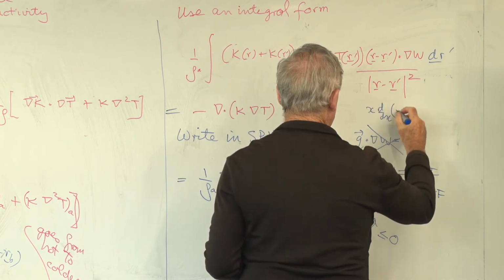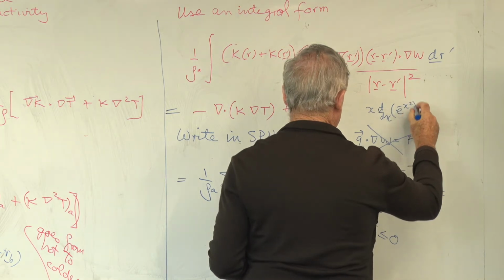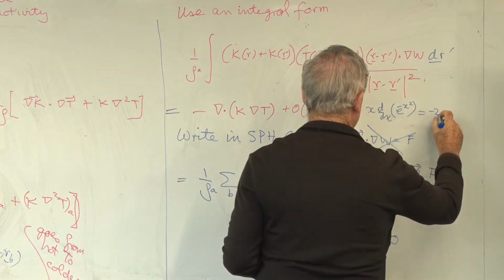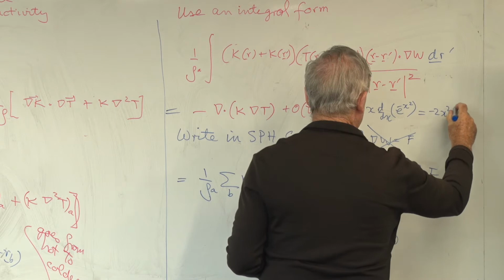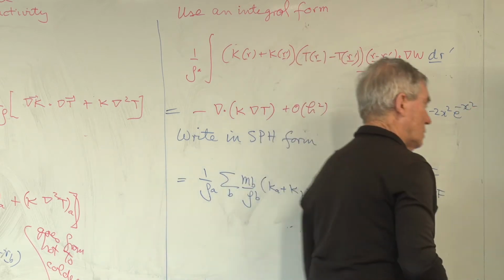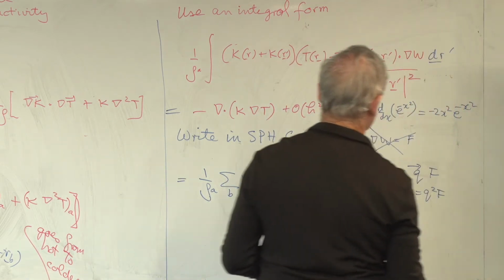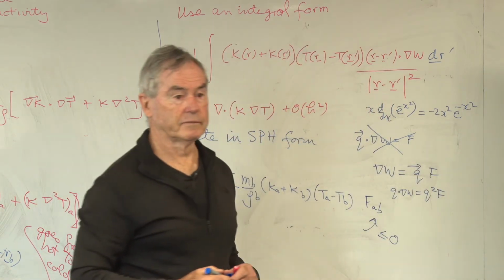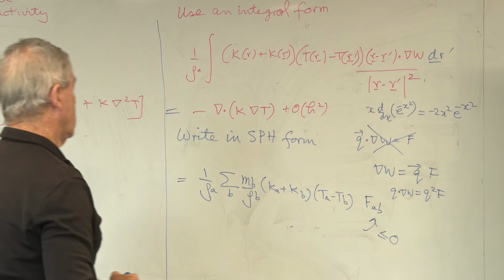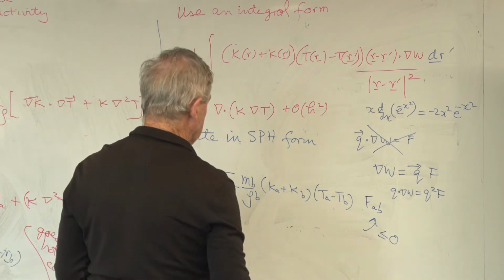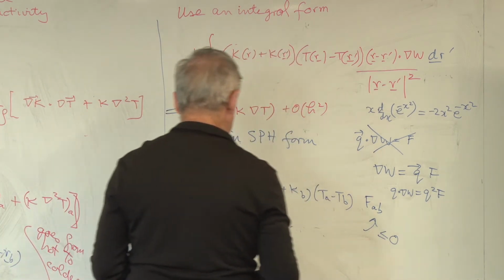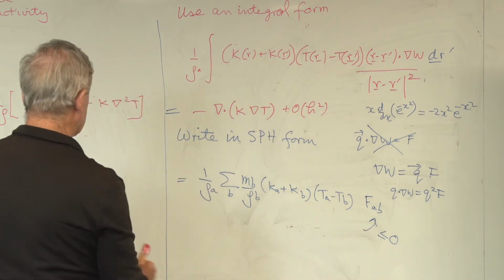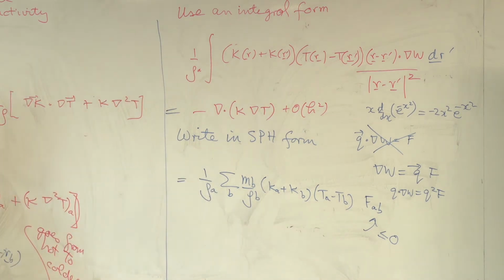I've got to take a kernel which is a Gaussian, and I'll find its gradient. That's equal to minus 2x squared e to the minus x squared. You guys can't see that, but trust me. And that's negative. So that actually is the reason for the sign here being less than or equal to naught. So this expression is the right-hand side of this.